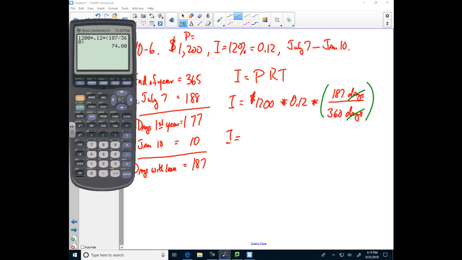Yeah. What'd y'all get? $74.80. And maturity value equals P plus I, which is $1,200 plus $74.80. So that'll be $1,274.80. That's what you got to pay back. And I'll do that right here. Plus.